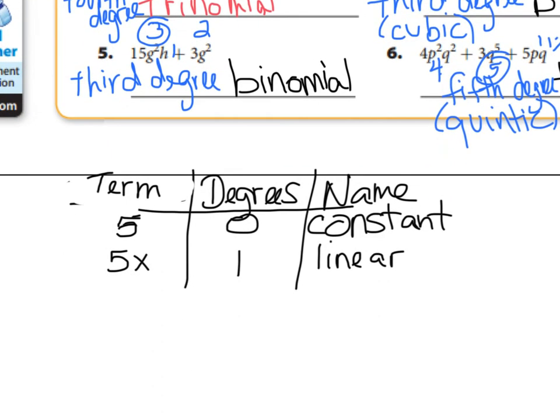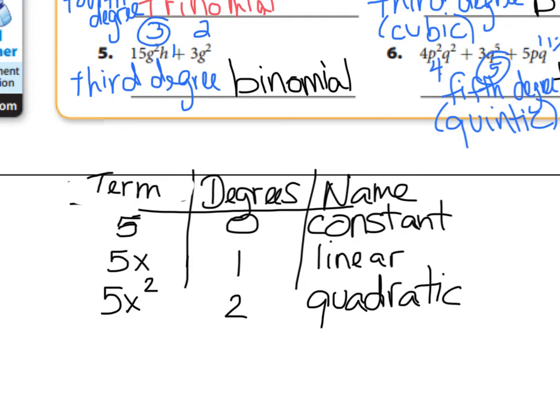We've talked about a degree of 2. That's quadratic. And again, the most important one that you need to know. We then have a degree of 3, which we talked about, and that's cubic.